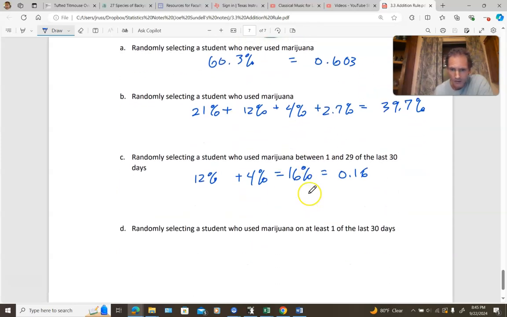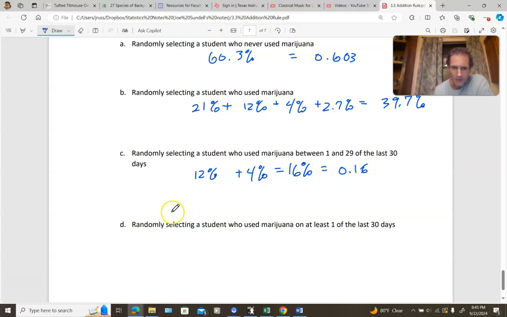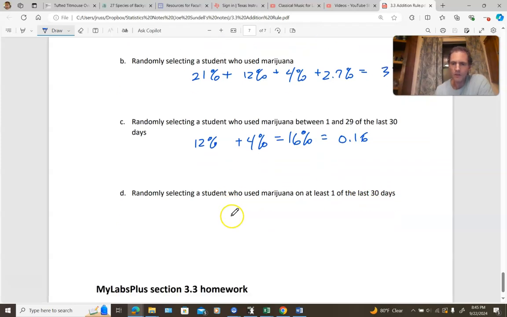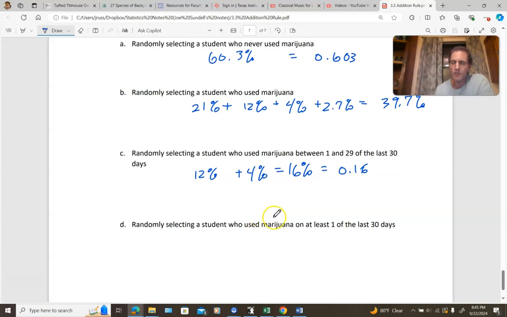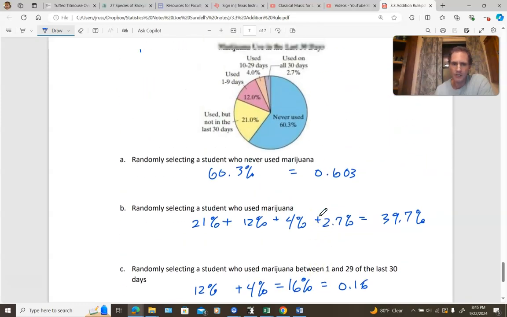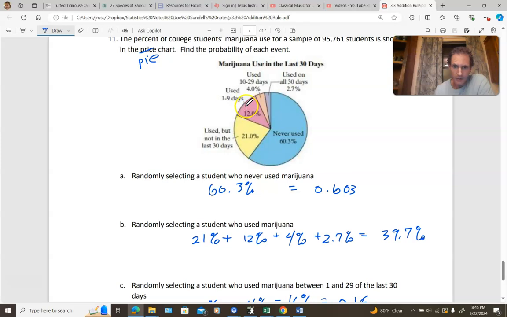All right, part D. Randomly selecting a student who used marijuana on at least one of the last 30 days. All right, so if you used it at least one of the last 30 days, then that would be this wedge of the pie plus this wedge of the pie plus this wedge of the pie.